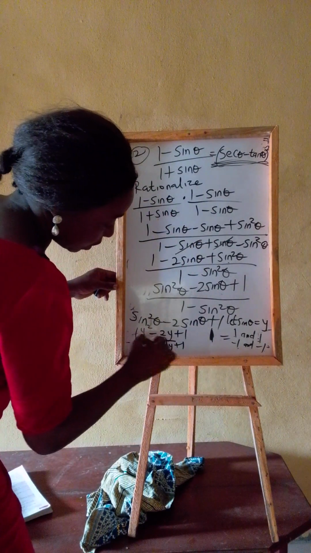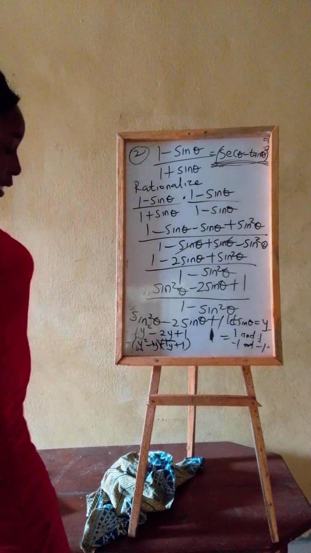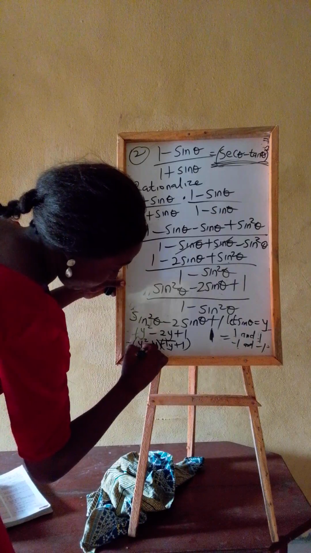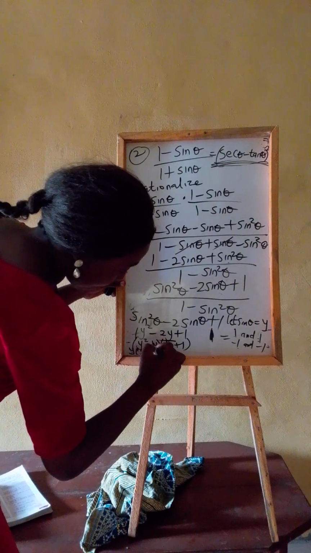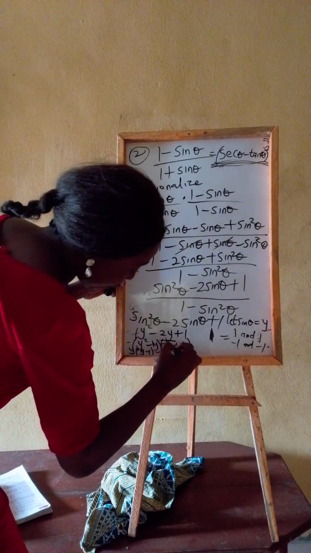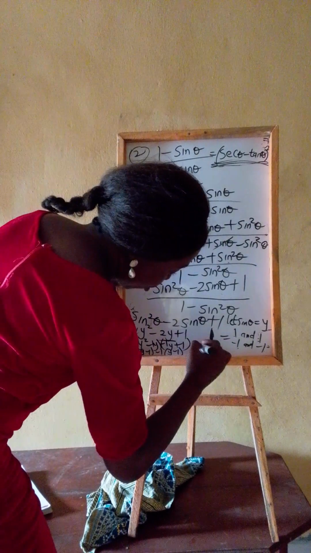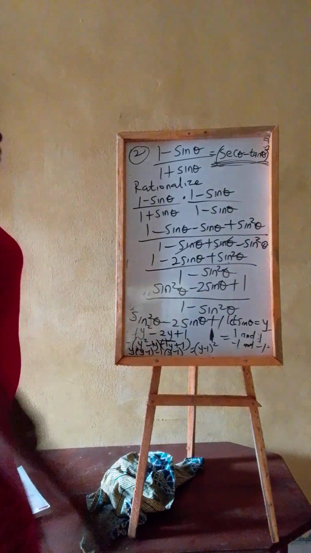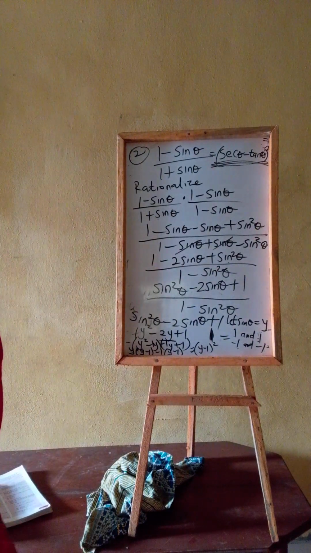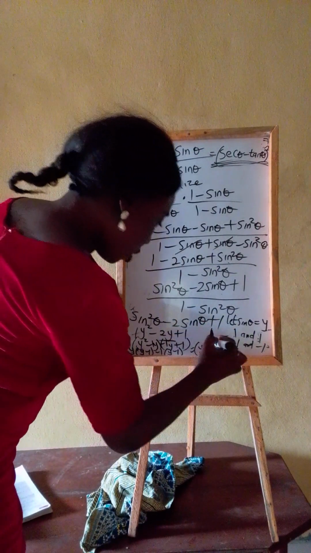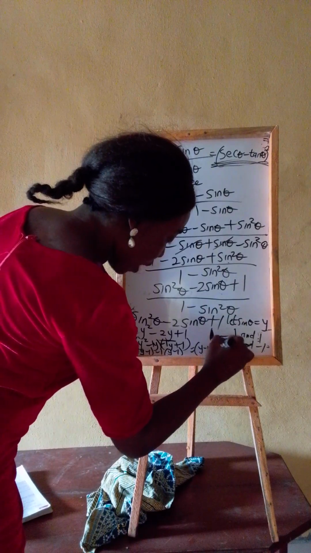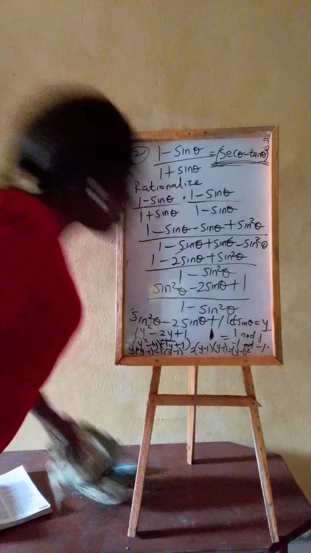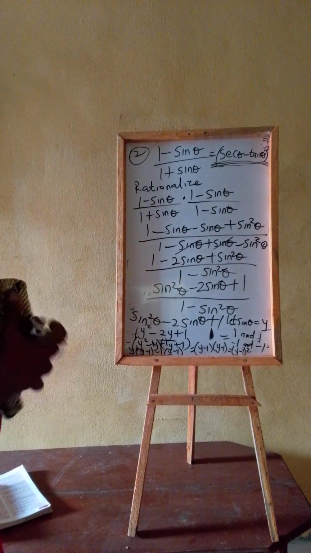So you bracket: y into bracket y minus 1, minus 1 into bracket y minus 1. So we end up having y minus 1 squared, because it's as if you are repeating y minus 1. So what's the next thing to do?